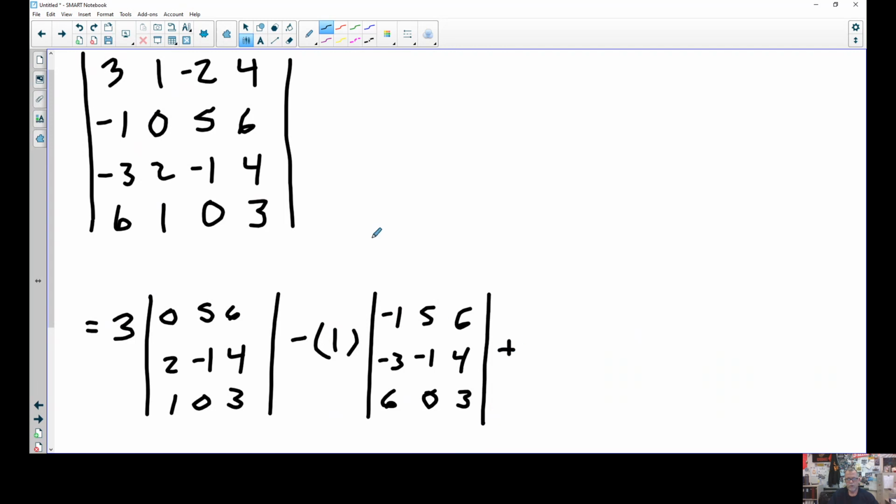Then we do plus. We use the next one up here. Get rid of that row and column. So we're using these two in that one. So it's -2 times -1, 0, 6, then -3, 2, 4, then 6, 1, 3.